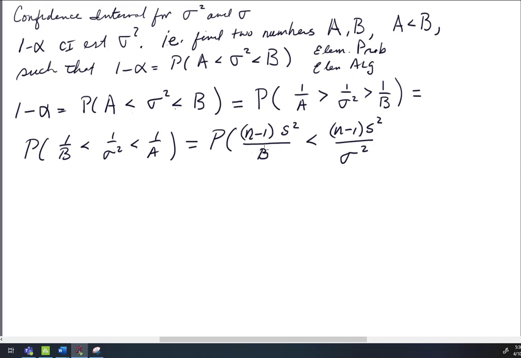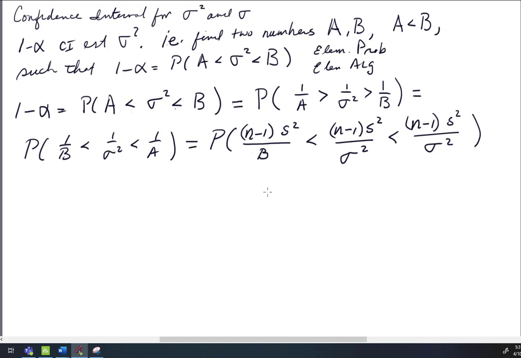Now if I multiplied the first term by n minus 1 s squared, then I've got to multiply the second term by the same thing, and for the third term, same result, n minus 1 s squared over sigma squared, and close the paren. So these are all equal to 1 minus alpha.